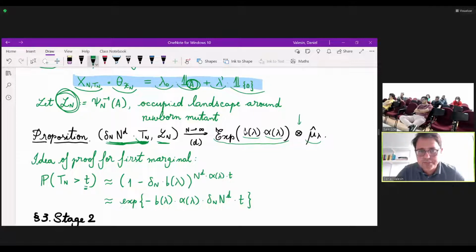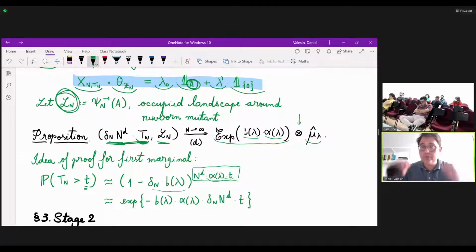That's just 1 minus the probability that a mutant has appeared, to the power of the number of births that occur until that time. The number of births is like volume times effective birth rate times time, and that's like an exponential to this part. So that's how it goes for stage 1.